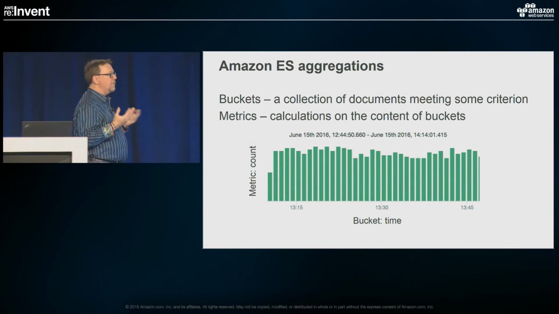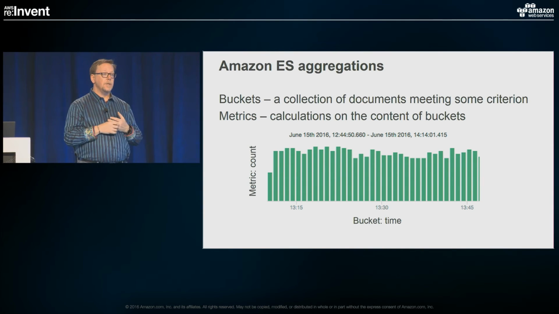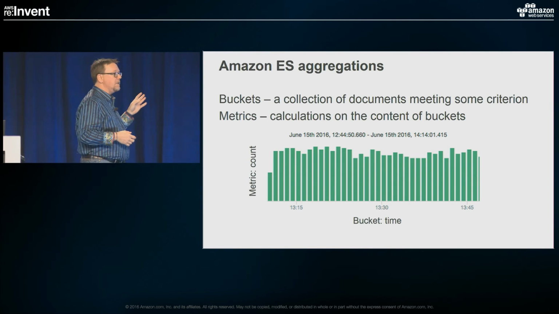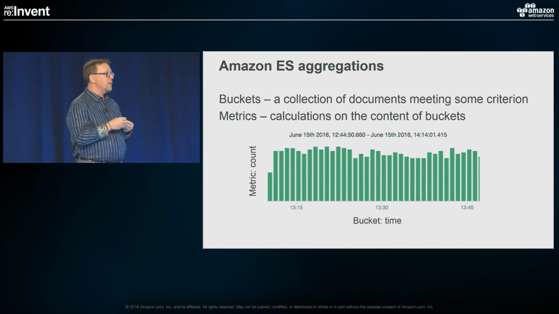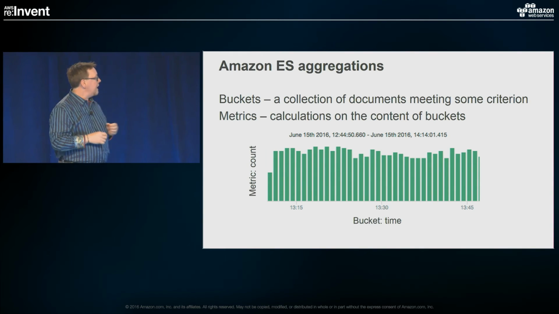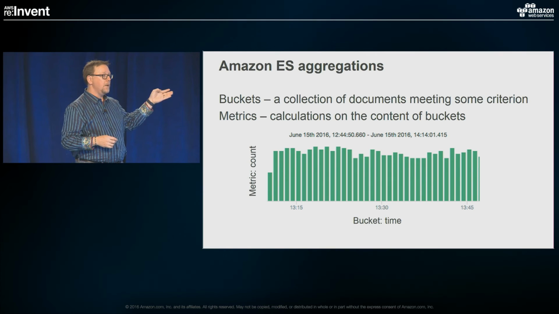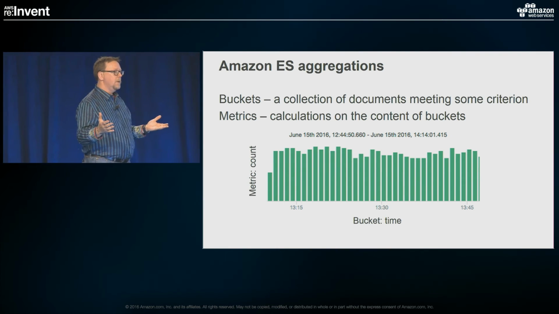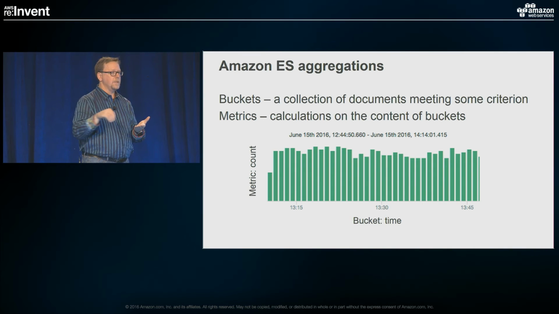The overarching concept for Elasticsearch aggregations that you have to understand is buckets and metrics. Elasticsearch enables you to aggregate based on buckets of values. We have a simple aggregation here, which is a time bucket. I take all of my documents and I bucket them based on their timestamp.